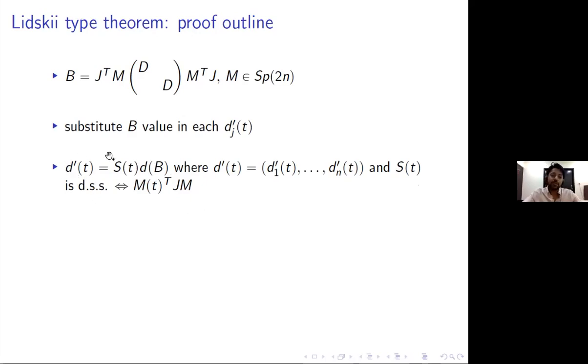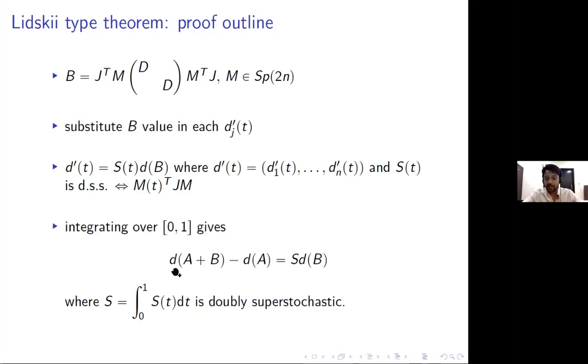What we do now is integrate this equation. Integrating the left-hand side and using the fundamental theorem of calculus and the fact that symplectic eigenvalues are continuous, one gets d(A+B) minus d(A), and the right-hand side turns out to be S times d(B), where S is the integral over [0, 1] of S(t). Now, one can verify easily that the set of doubly superstochastic matrices is a closed and convex set.